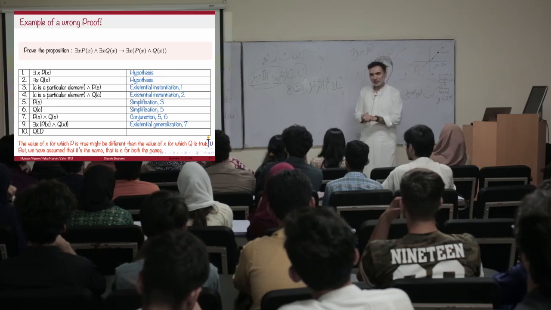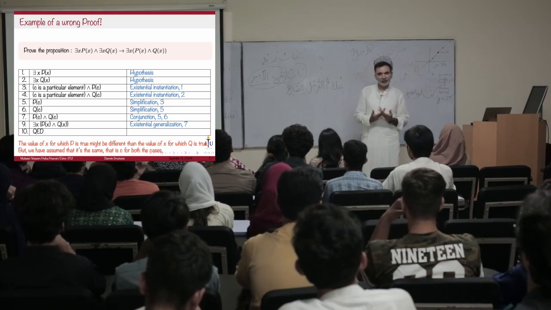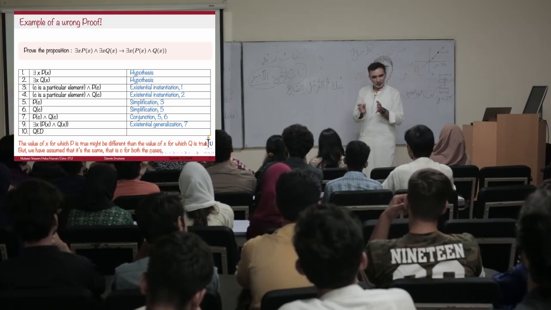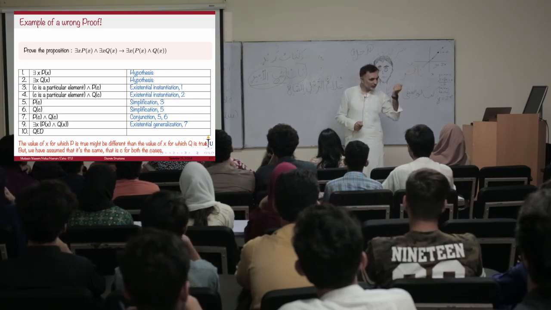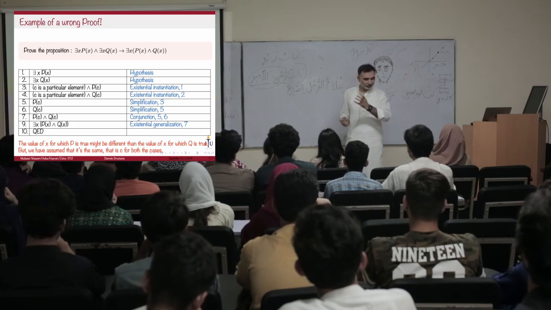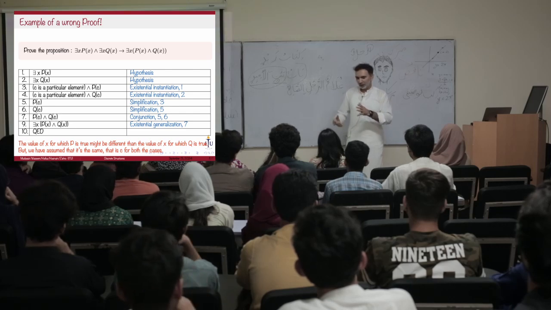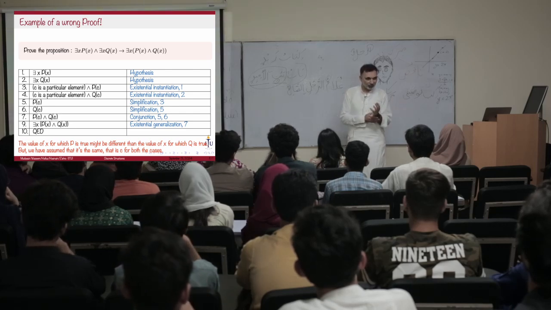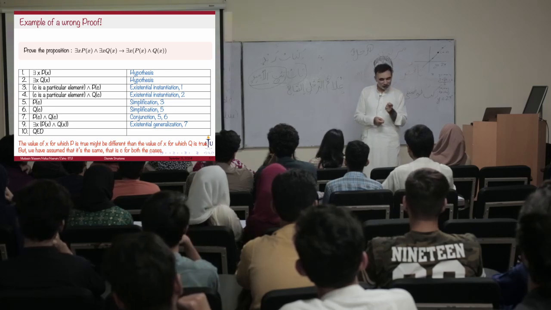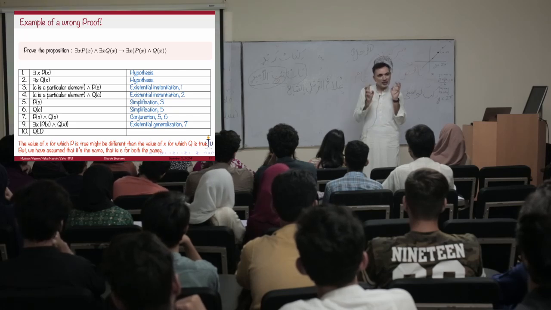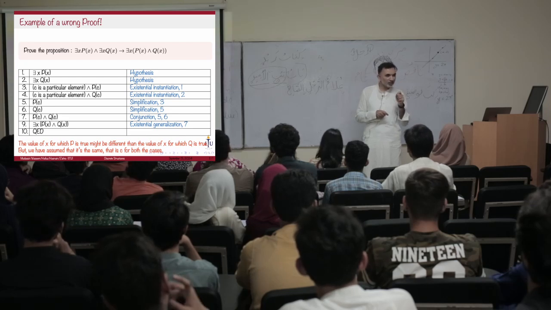Let me give you another example. When I say that someone in this class scores A in discrete, and then I use a variable for that person, and then I make another statement which says there exists a person who scores A in data structures, and I use the same variable for that instantiation, then I'm implying that the same person scores A in both of these subjects, which is not the original statement.